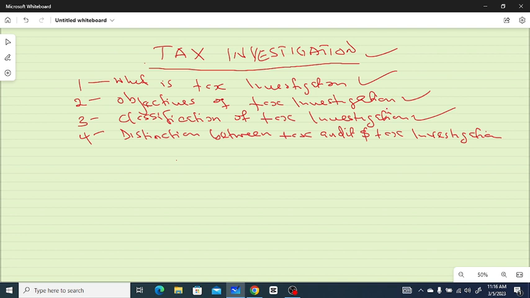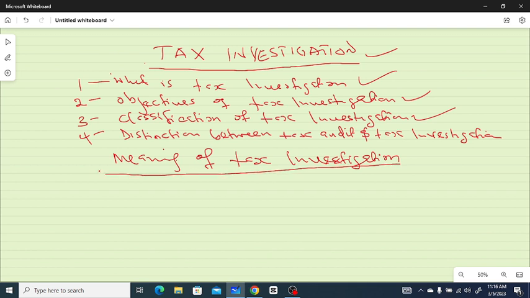Now let's look at the meaning of tax investigation.